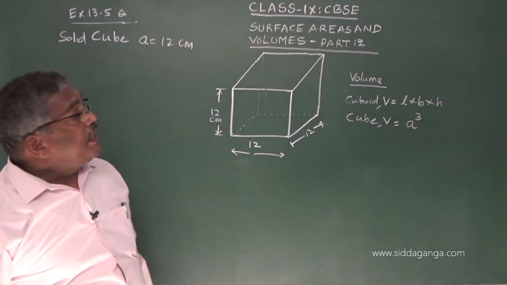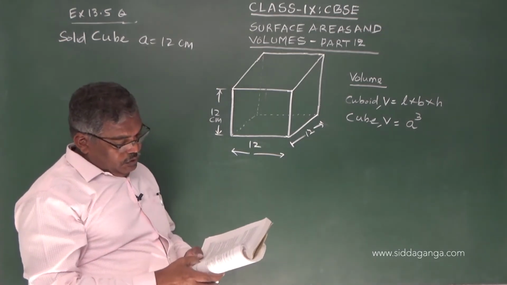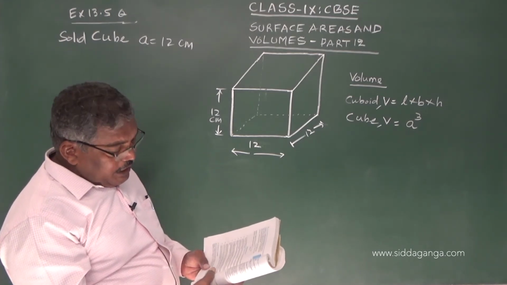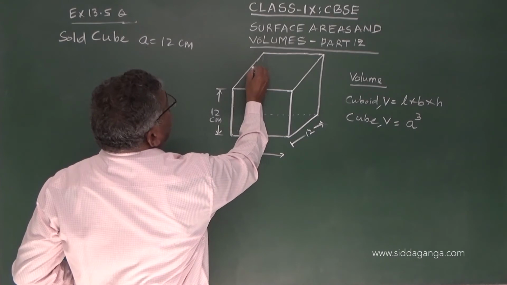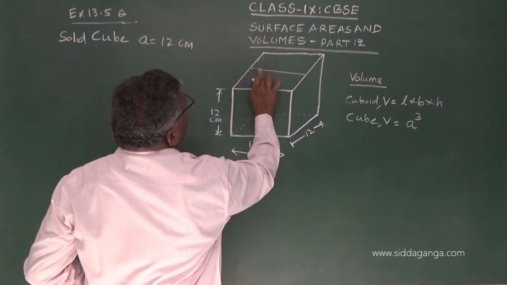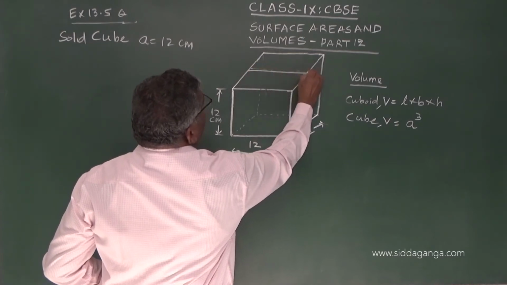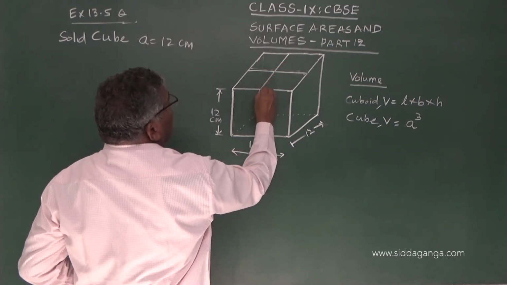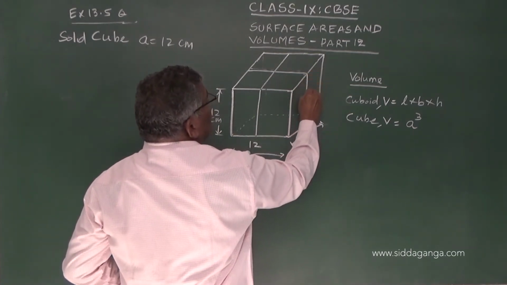Now the cube is cut into 8 cubes. See, it is cut like this. From here to here, they have made a cut like this, like this, like this, and like this.